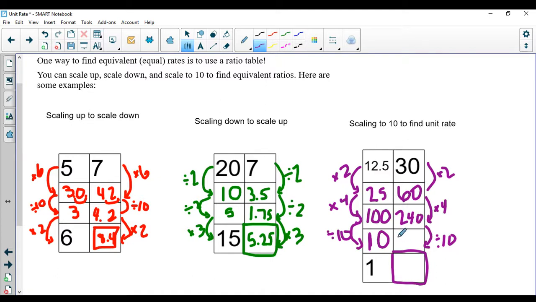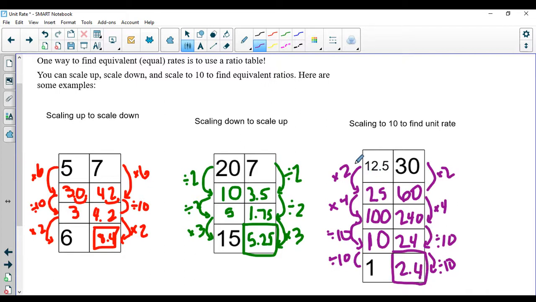So 240 divided by 10 is 24. And I'm going to divide by 10 again to get 1. Divide by 10 again. Move the decimal 1 place to the left, and we end up with 2 4/10.